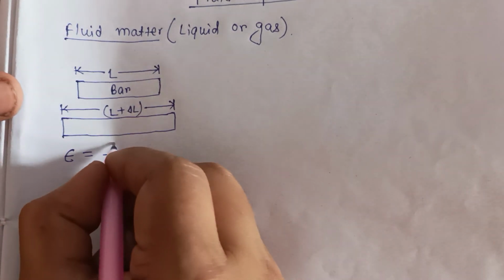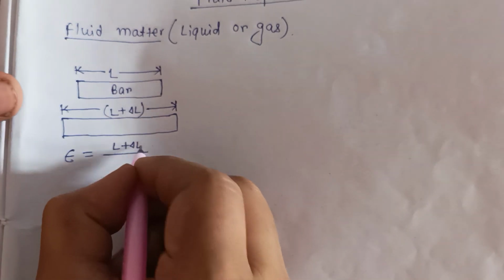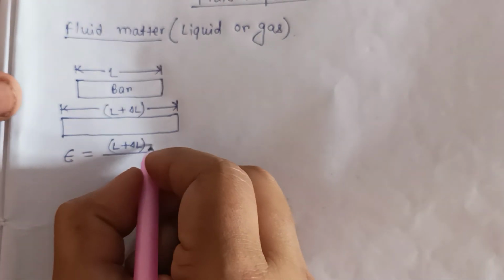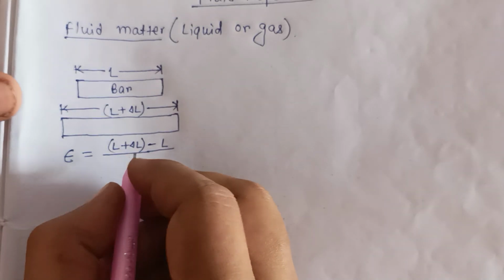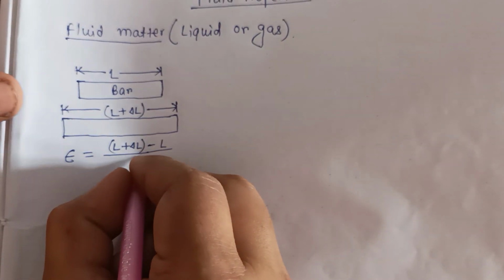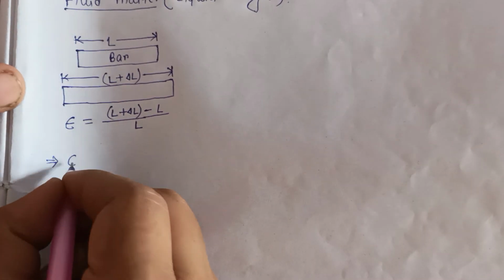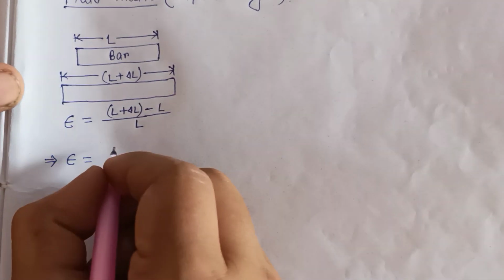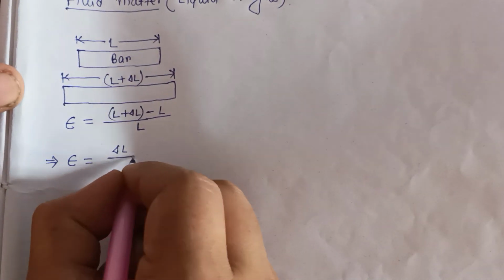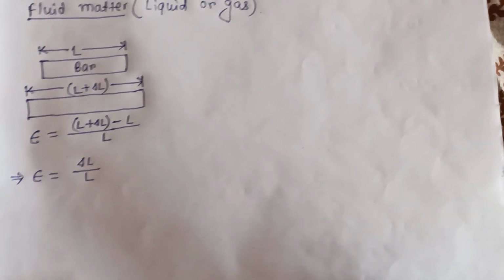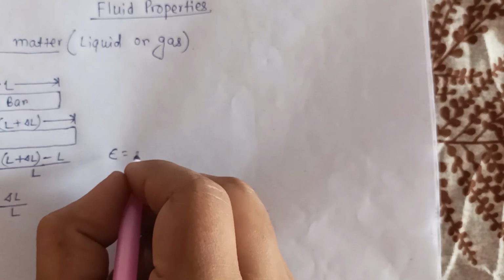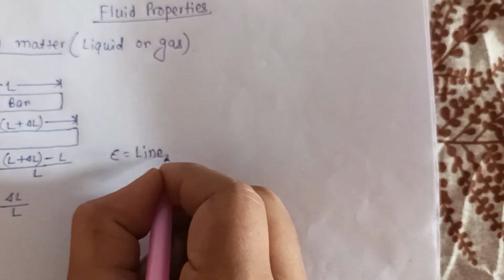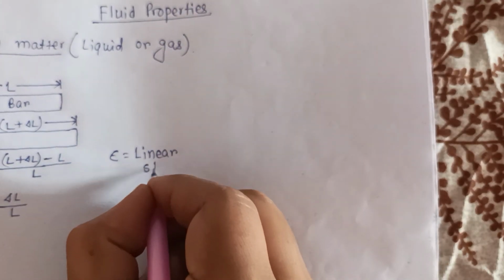The change in length is L plus delta L, the final length, minus the original length, divided by the total length. So epsilon equals delta L by L. Epsilon is the linear strain.